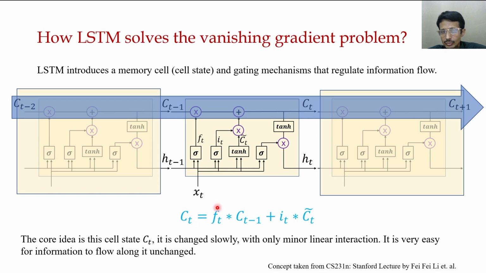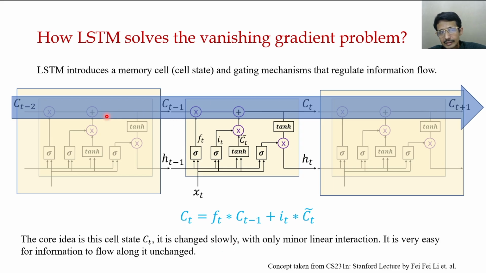CT is what part of the previous state is forgotten or bypassed, and which part of the information is going to be added by the input gate. The core idea is this: the cell state CT is changed slowly.